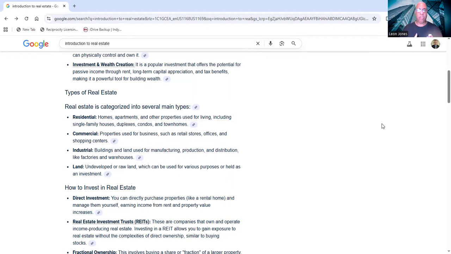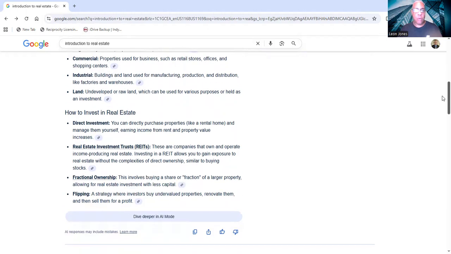Industrial: buildings and land used for manufacturing, production, and distribution, like factories and warehouses. Then we have land: undeveloped or raw land, which can be used for various purposes, or you can hold it as an investment.